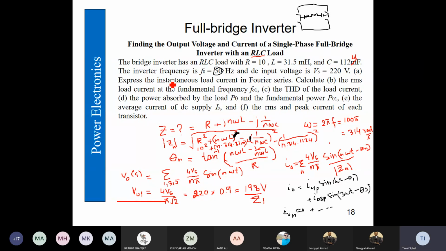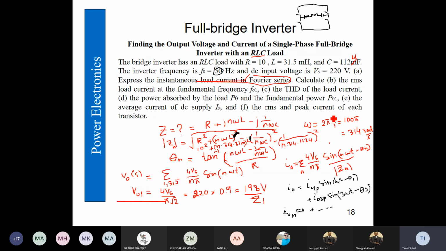So we have to find out the instantaneous load current, obviously using Fourier analysis. We have to calculate the RMS load current for first fundamental, and find the total harmonic distortion through the load current. Earlier we found it from load voltage, now we can find it out using the load current, in a similar fashion. Then we will find the total power, the first fundamental power, then the average supply current and RMS and peak current of the transistors.